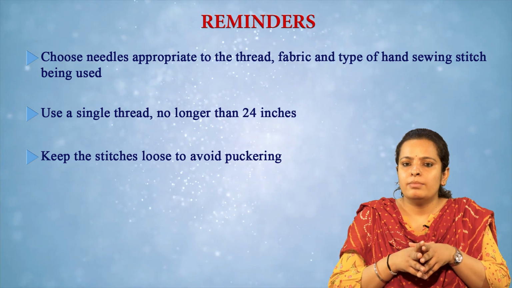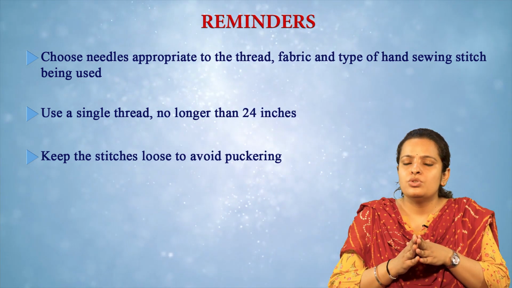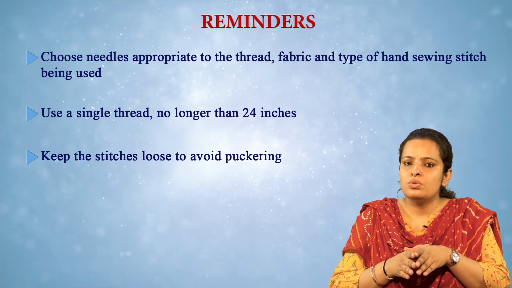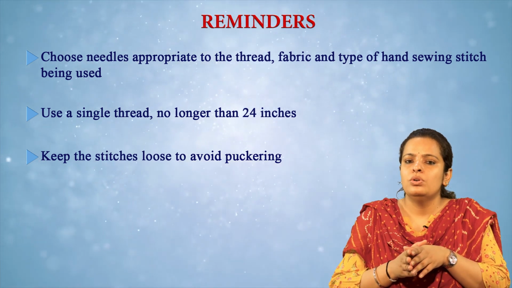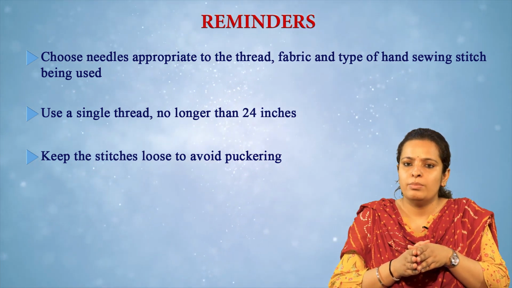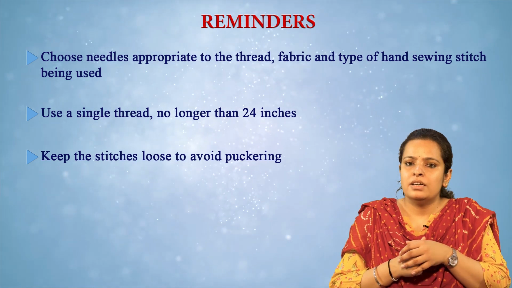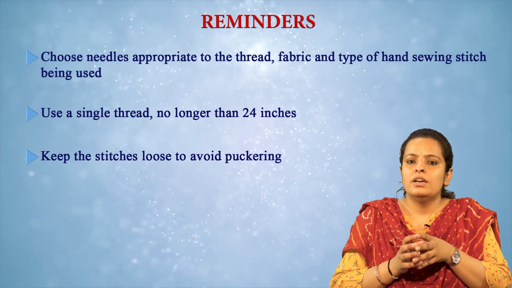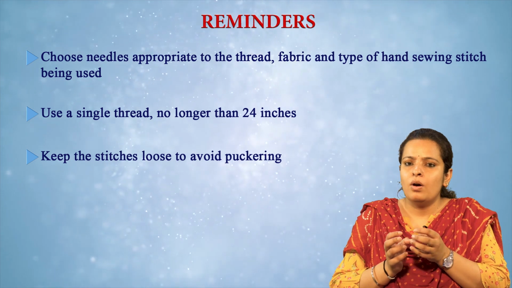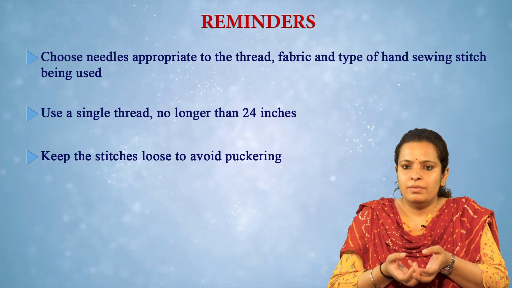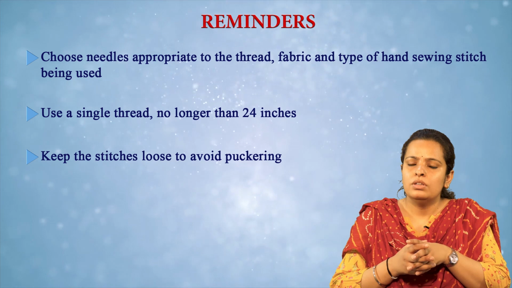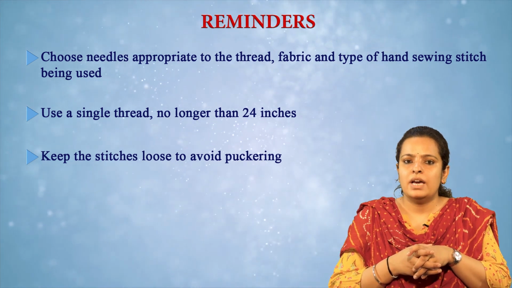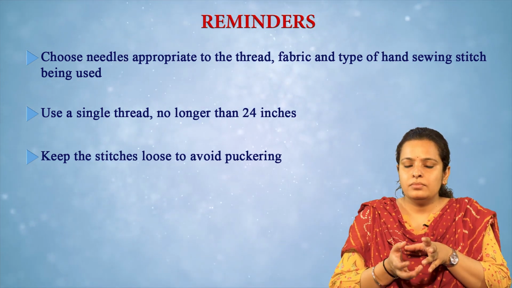If we are making hand stitches, they should not be too tight and not too loose. If we make the stitches very tight, it will give puckering or wrinkles on the fabric. So avoid too tight or too loose stitches.